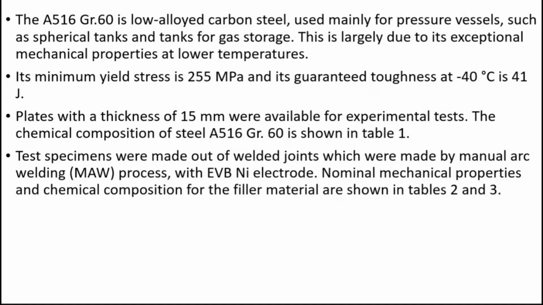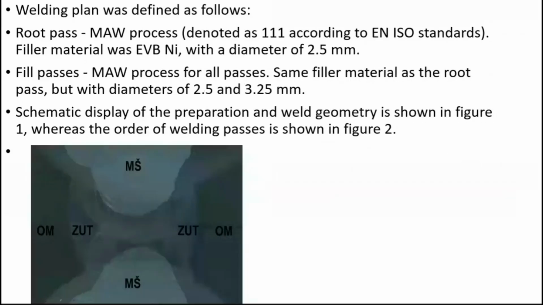In this case, plates were 15 millimeters thick, and welding was done by the manual arc process with some advanced electrodes alloyed with nickel. I'm not sure that I have tables 2 and 3 here. Let's see. No, I don't. It's in the paper.